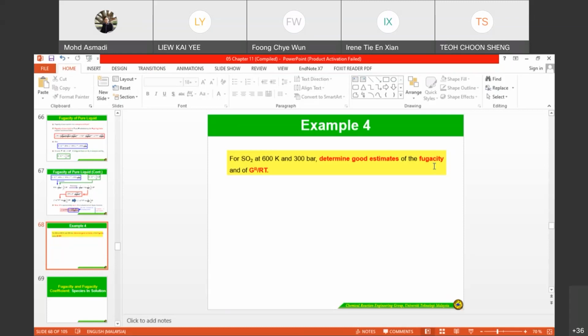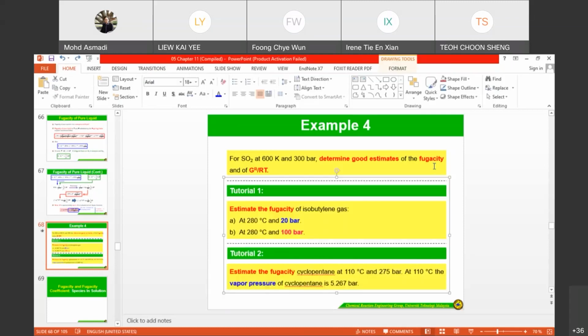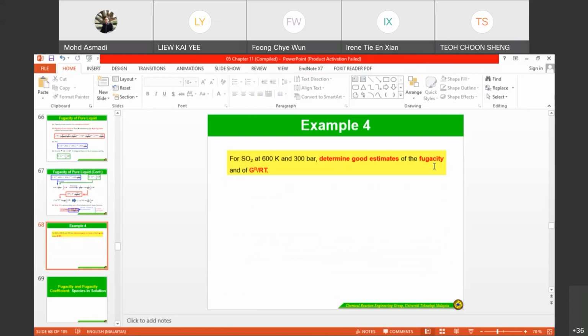Which method can we use for SO2 at 600 Kelvin and 300 bar, to determine a good estimate of the fugacity and GR over RT? Huh? I cannot hear.